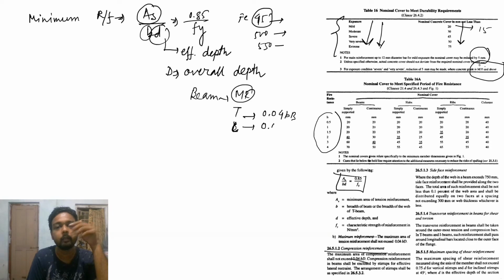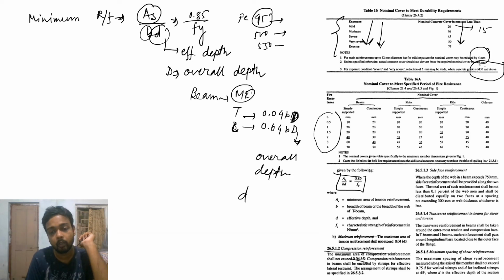Look at one thing here: capital D means the overall depth. So be careful. Small d is your effective depth, capital D is your total depth.